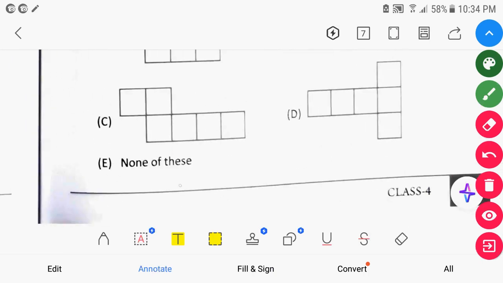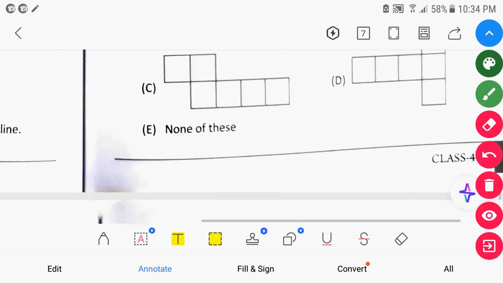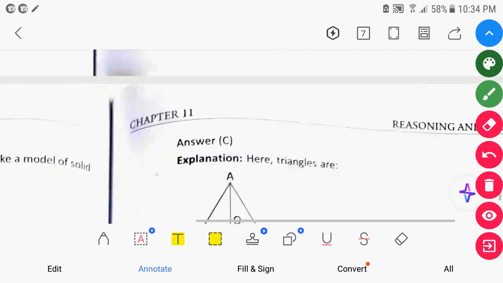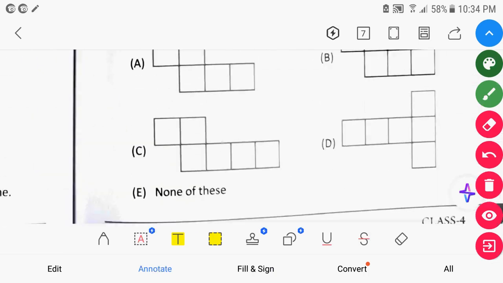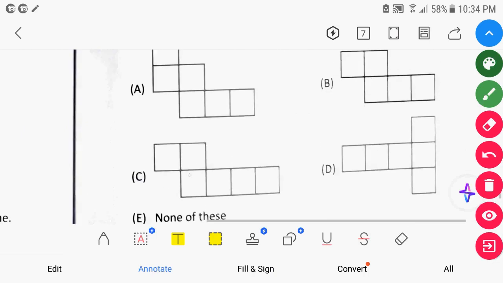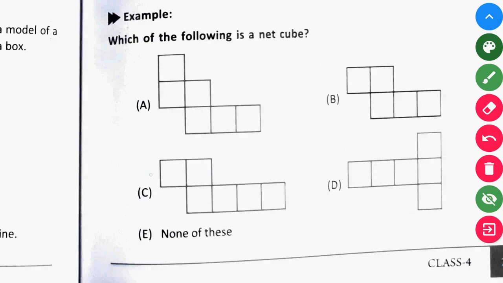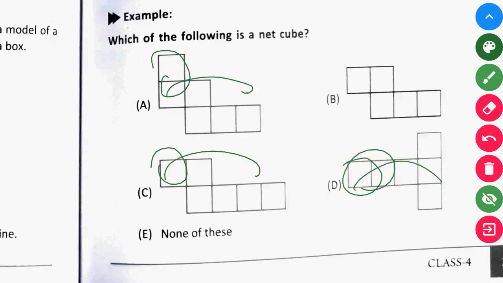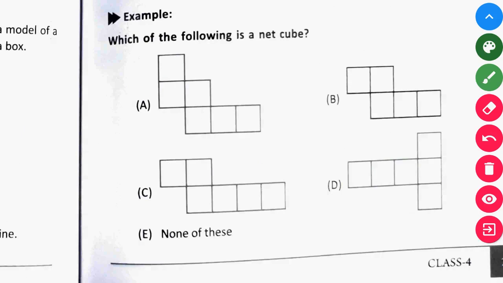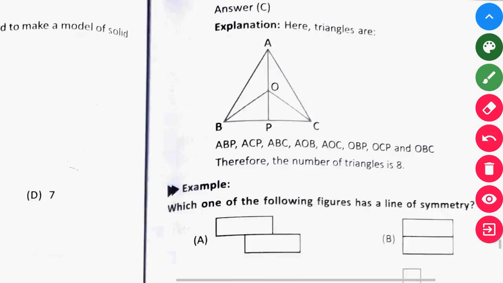They had explained that D can be folded to make a solid shape only. So it is a cube. Other shapes we cannot fold because this portion is not getting overlap on here, or here also we cannot overlap the portion. So only this can overlap on this. So it is the net cube.